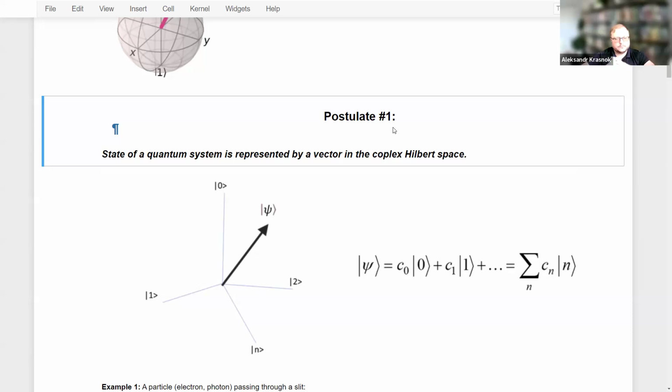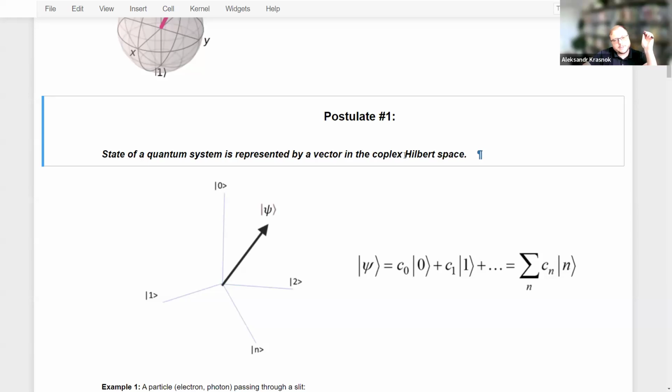The first one we already touched upon last time, and let me repeat. The state of any quantum system is given by a vector in the complex Hilbert space, a vector space of complex vectors.